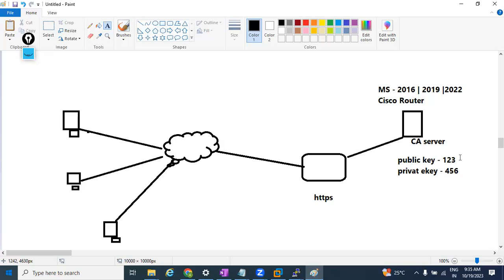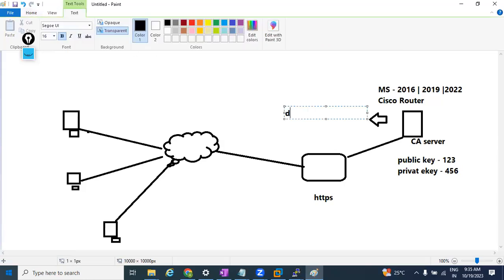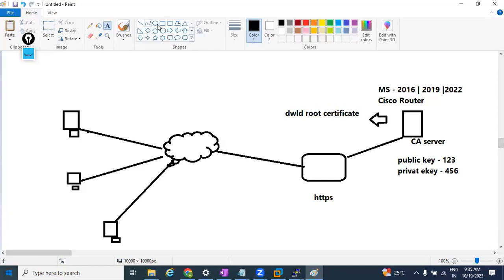I need only my 3 members are going to be accessed. So what I'll do from here, I'll download root certificate. I'll take, this root certificate is known as public key, guys.